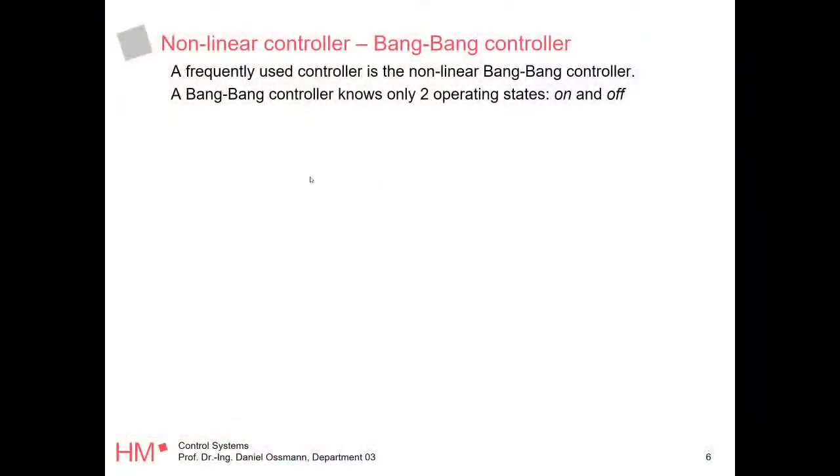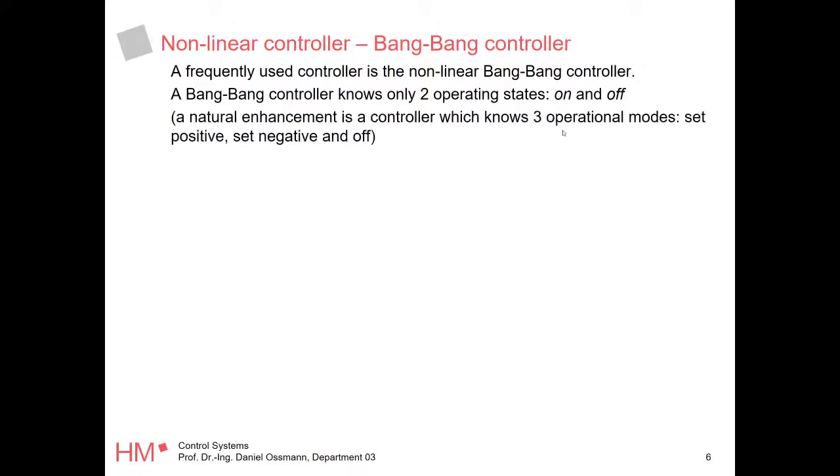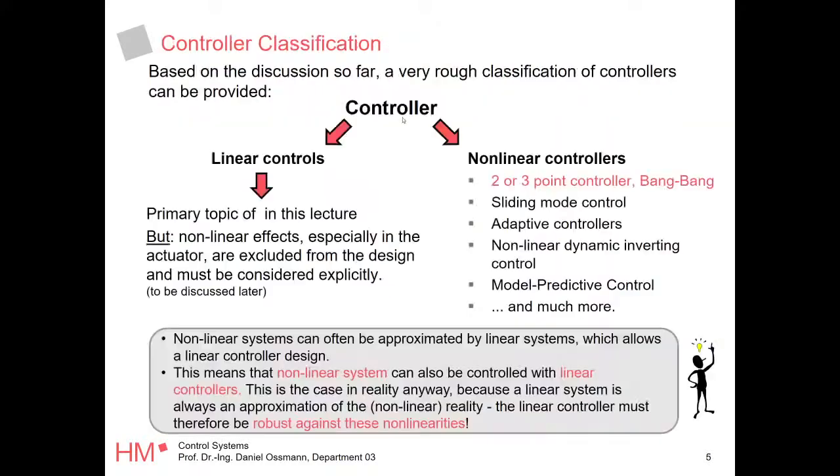Independent of your control error, your nonlinear bang bang controller only has 2 states, and most of the time it's going to be on and off. Obviously there's an extension, a 2 or 3 point controller. The bang bang controller is a 2-point controller.